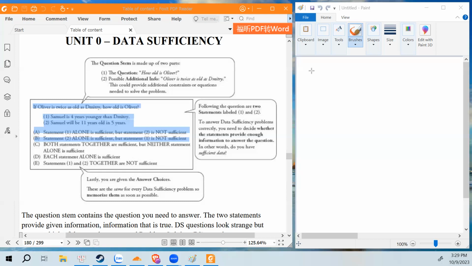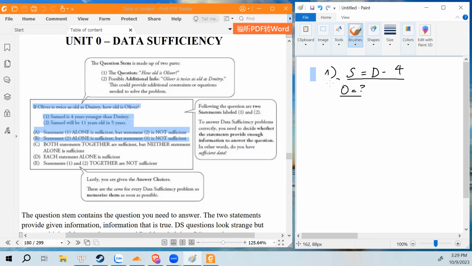Say statement 1 gives us that Samuel is, let's say S is Samuel's age, 4 years younger than Dimitri. So S equals D, Dimitri's age, minus 4. And then we need to find the information for Oliver's age. But we only know Samuel's and Dimitri's ages.